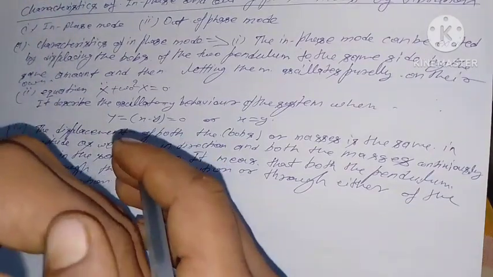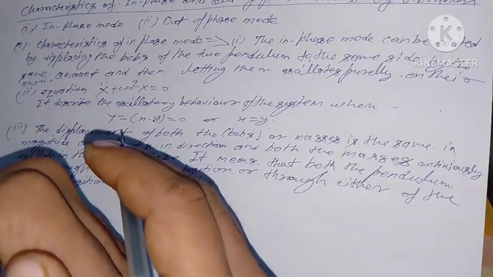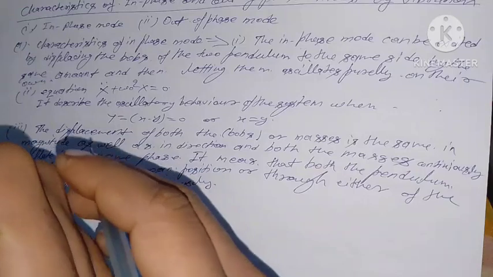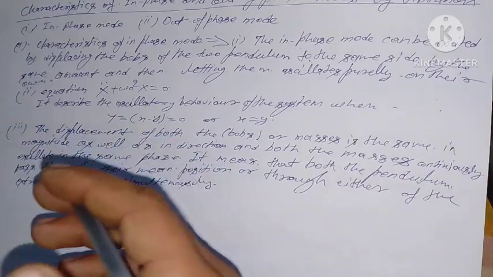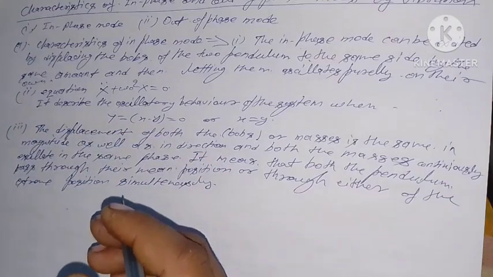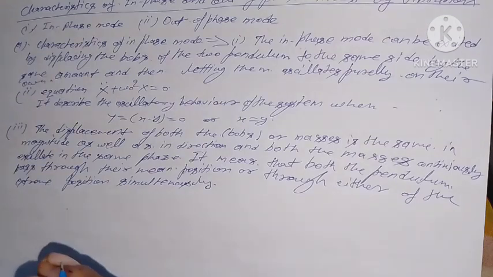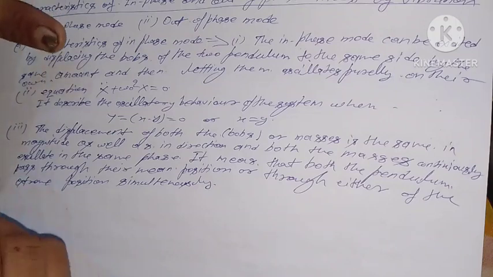The displacement of both the bobs or masses is the same in magnitude as well as in direction, and both the masses continuously oscillate in the same phase. It means both the pendulums pass through their mean position or through either of the extreme positions simultaneously.